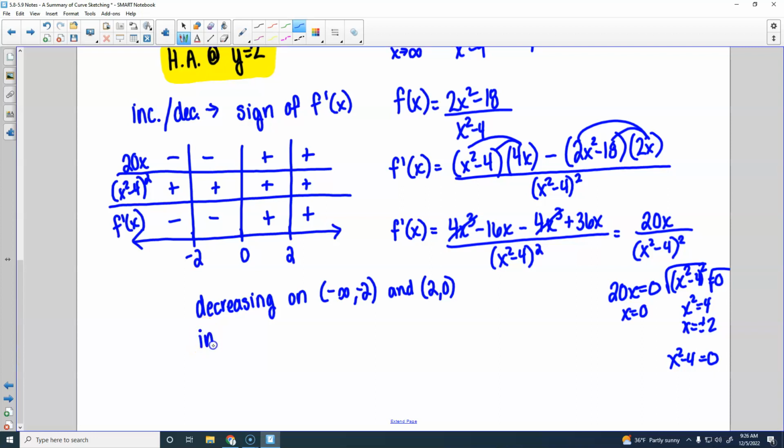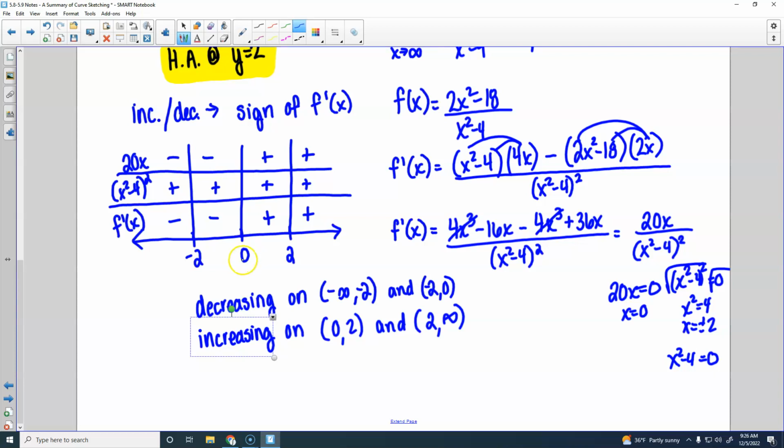And then we would be increasing, then you could combine, yes, if it was continuous at that point. So then we would have from 0 to 2 and 2 to infinity. Oops, I should have a negative right there.